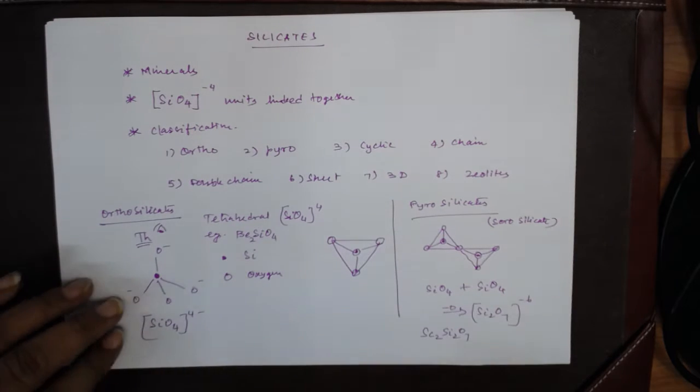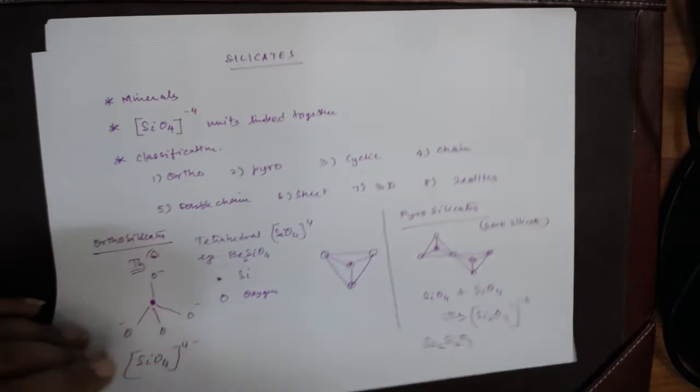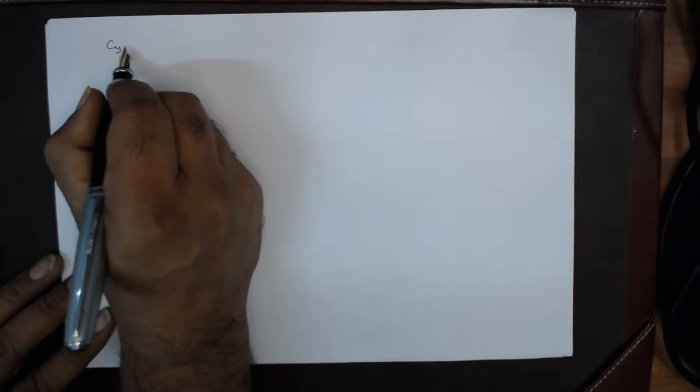Now let us move to the tetrahedral structure. Now we move from that and it forms a simple cyclic structure, that is ring structure. So cyclic silicate.